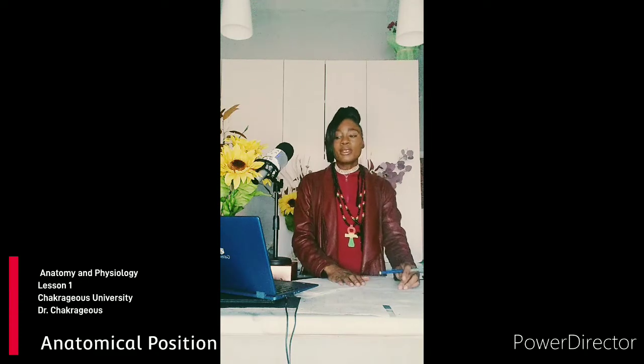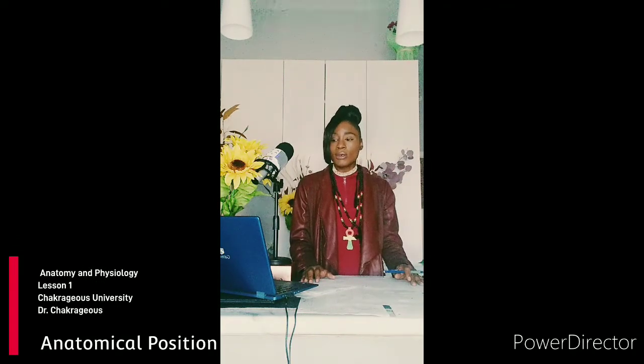Today, we're covering anatomical position. In humans, an anatomical position is defined as standing up straight with the body at rest. It describes the anatomy of the body so that it is easy to understand what part of the body is being talked about.